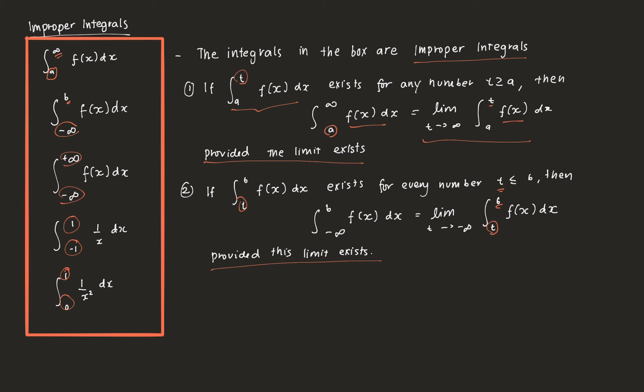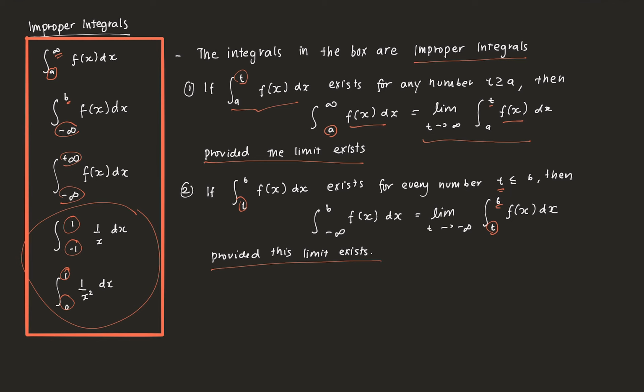But there's a chance that the function has an infinite discontinuity on that interval. These two examples here are examples of that. For the first one, the integrand goes to infinity as x approaches 0, so at an interior point of negative 1 to 1.